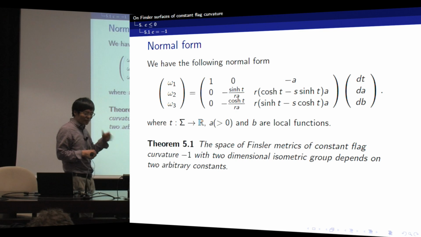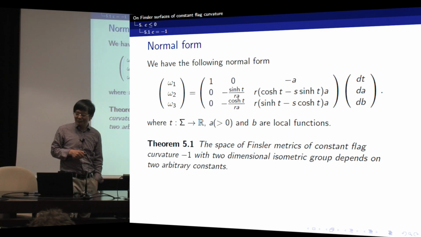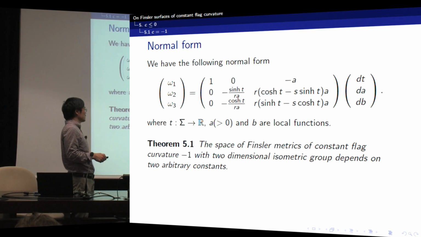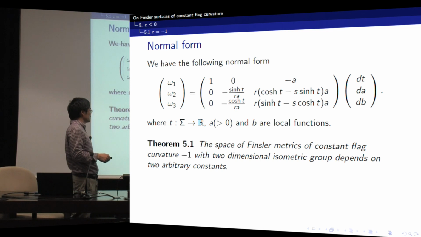In the general case, it's similar. This is the normal form of the Finsler surface with a constant curvature equal to minus 1 and 2-dimensional isometric slope. So we get the following theorem. The space of the Finsler metric of the constant curvature minus 1 with 2-dimensional isometric slope depends on 2 arbitrary constants.